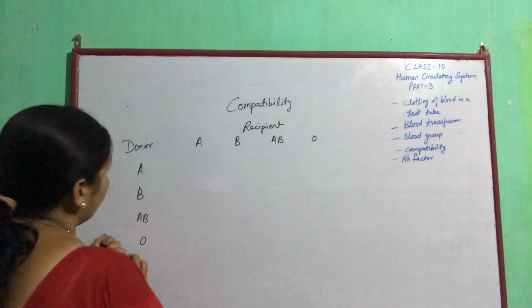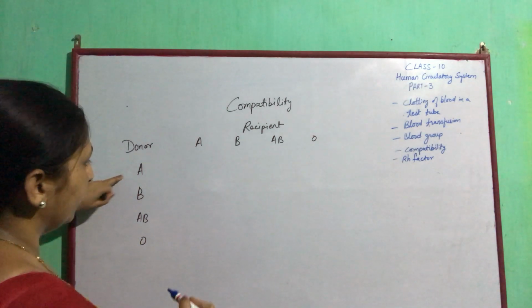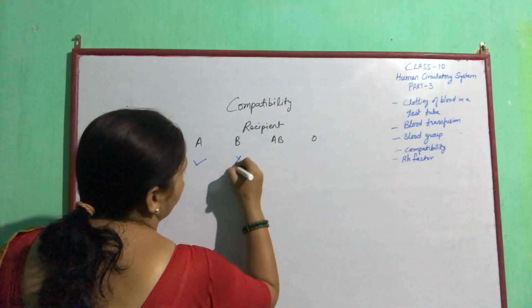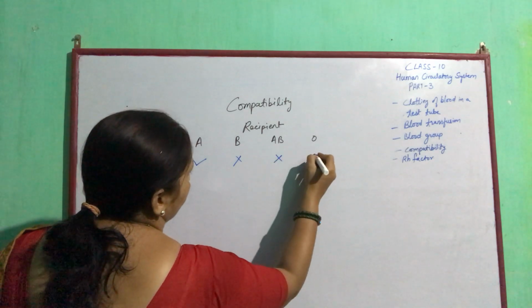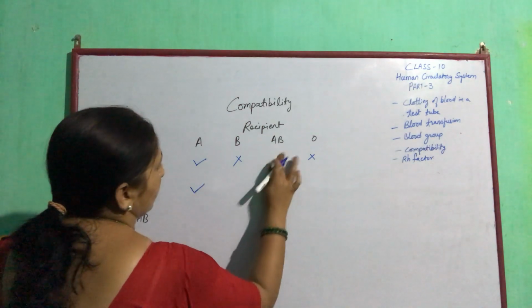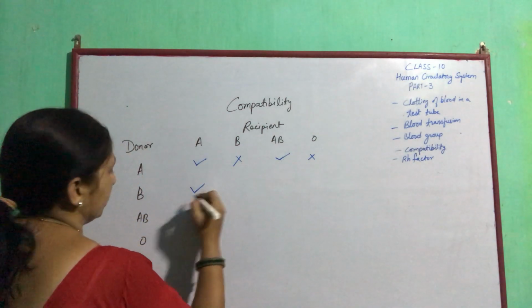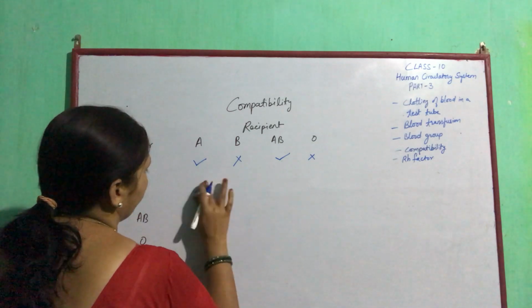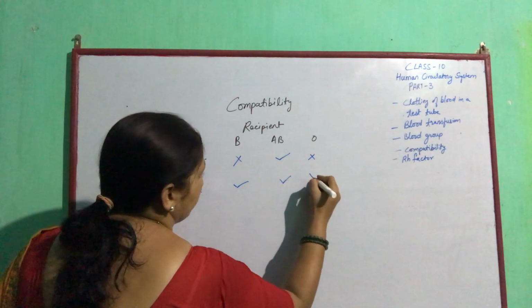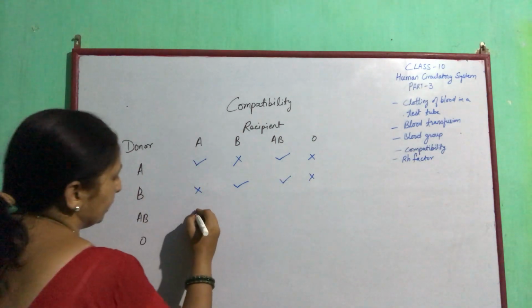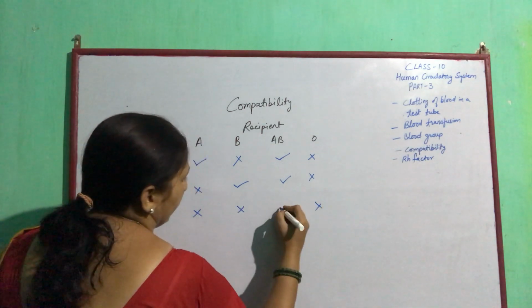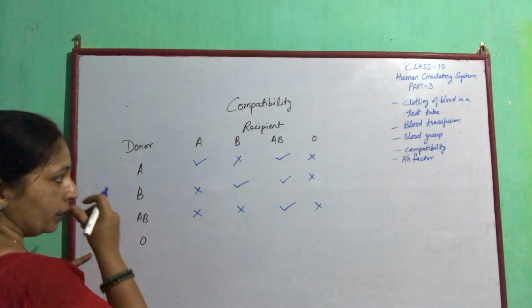Now this one. The A blood group, it could donate to blood group A and not to B, not to AB, not to O. Blood group B, it could donate to B and AB, not to O. AB, it cannot donate blood to A or B. It can donate blood only to AB.